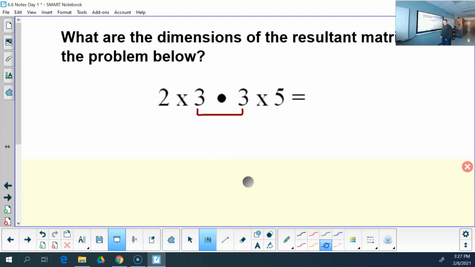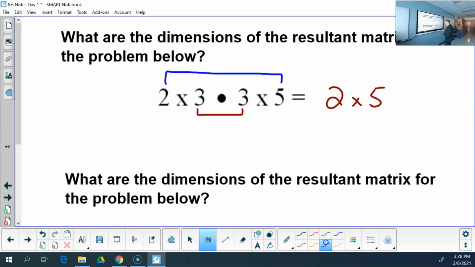If those two numbers are the same, yeah, 3 is the same as 3, then we can multiply them, and then these two outside dimensions are going to be the result. What are the dimensions of the resultant matrix for the problem below? If I multiplied a 2 by 3 matrix by a 3 by 5 matrix, I'd get a 2 by 5 matrix.